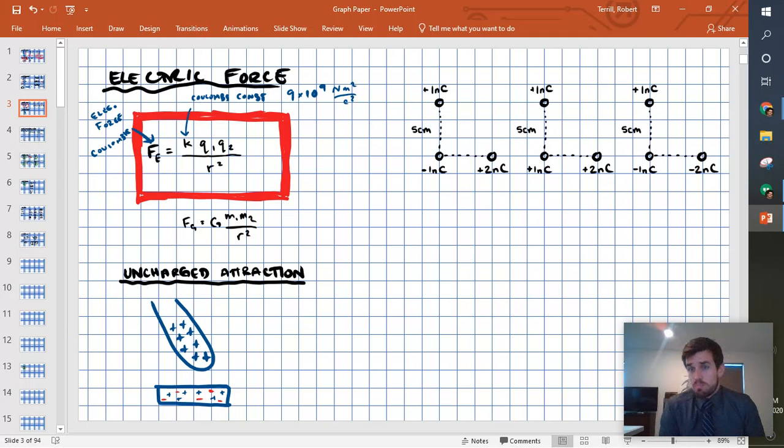So it's a big number, and that's important to recognize because the constant for gravity was 6.67 times 10 to the negative 11th, I believe. I might be wrong on that, I'm brain farting right now, but that's probably about right.